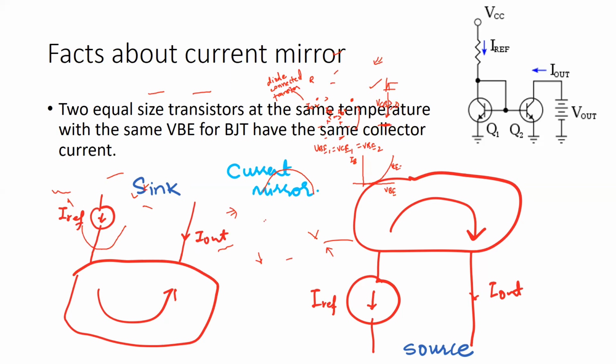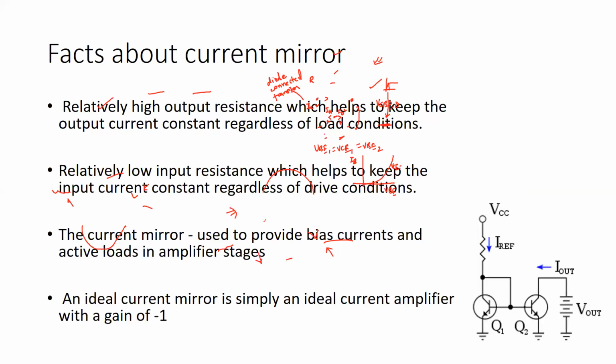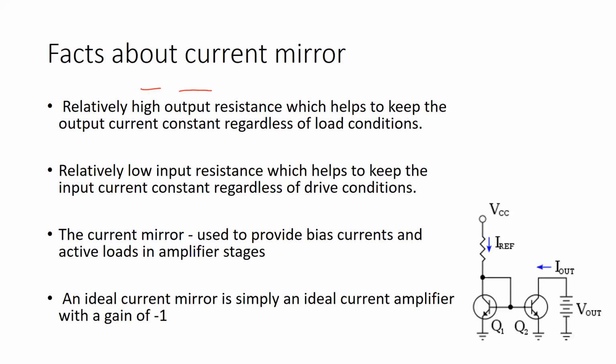There are now a few facts. One of the facts is we just saw this one, and now we see other facts of the transistor. Current mirrors are known for their relatively high output resistance, which helps to keep the output current constant regardless of the load conditions.